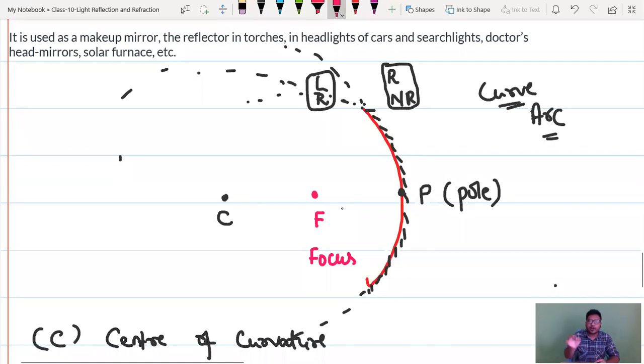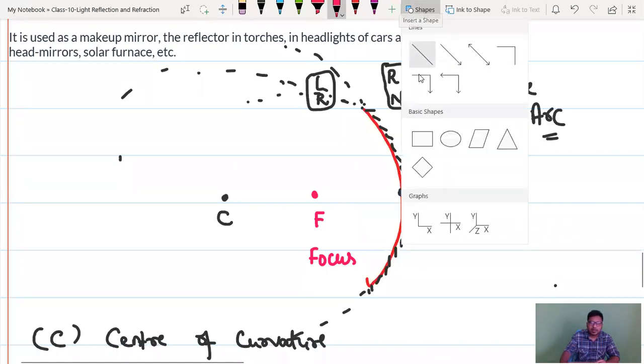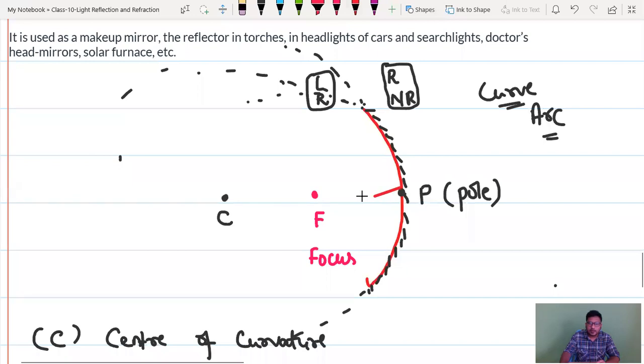Now, if you draw a line which joins, if you draw a line, guys, from P to focus and center of curvature, I'll try to draw another time.